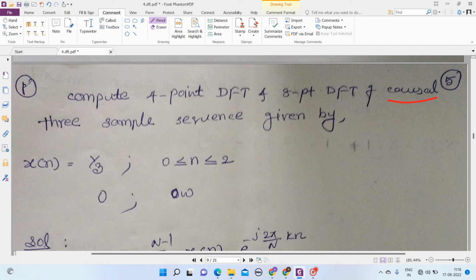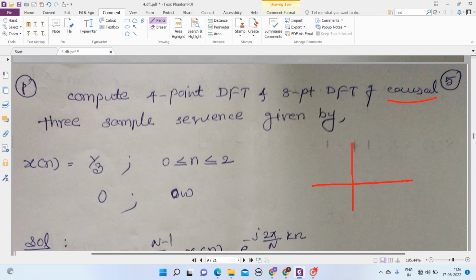If the samples exist at the right hand side, at the RHS side, such samples we call a causal signal.